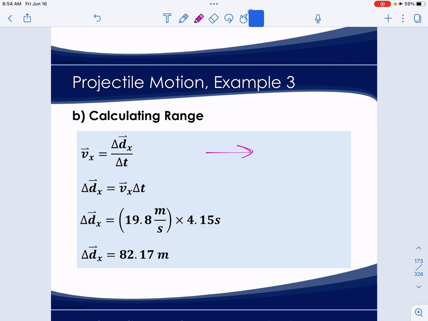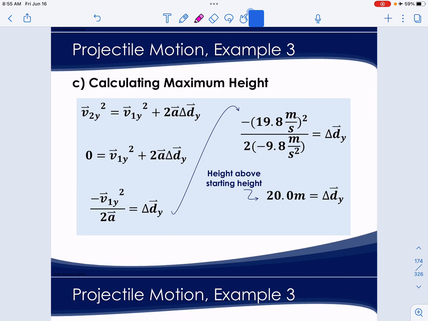We can just use our average velocity equation and rearrange it to solve for the range. If it's going 19.8 meters per second for 4.15 seconds, the seconds cancel, and you end up with a total range of 82.17 meters.